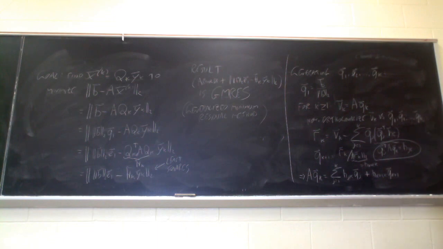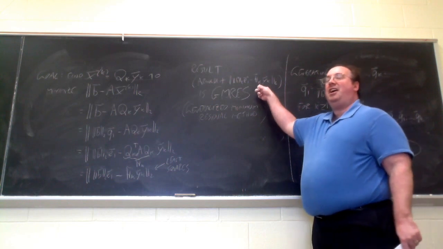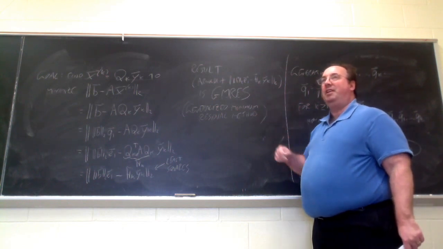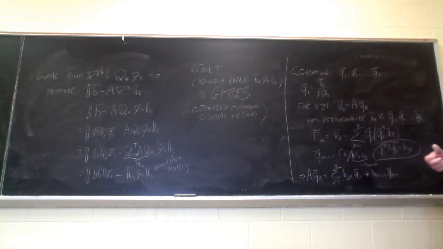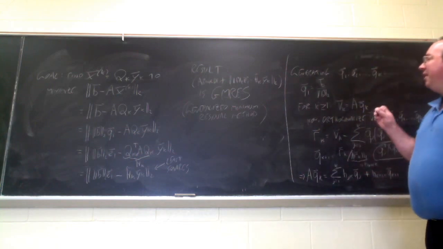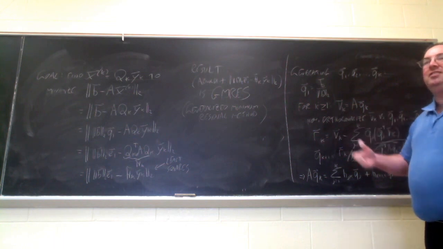Okay. Because what happens, unfortunately, is this least squares problem keeps growing in size. You keep adding rows and columns to the matrix, so you could update your QR factorization, like I mentioned earlier, using Givens rotations. But that growing expense is a problem.